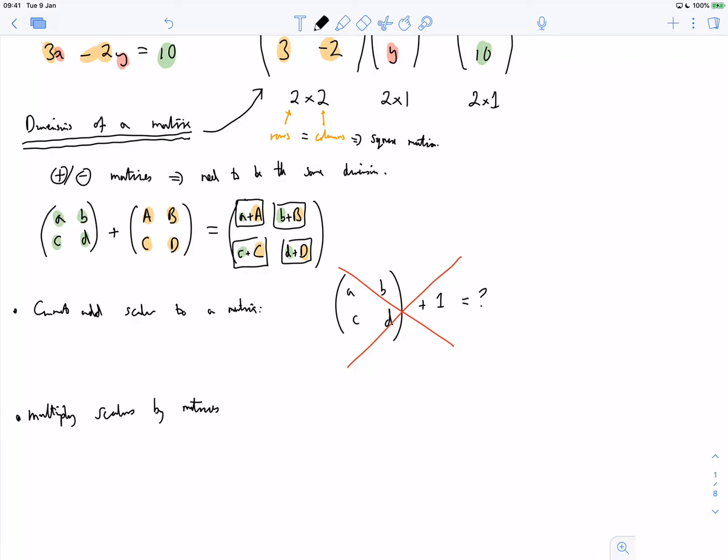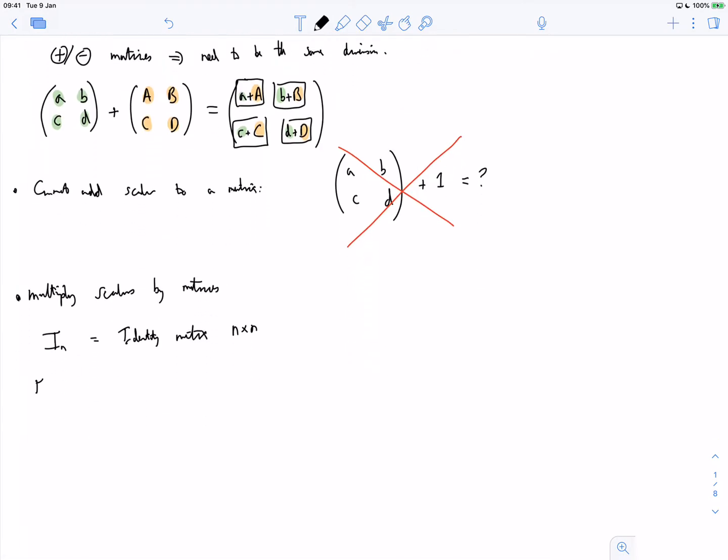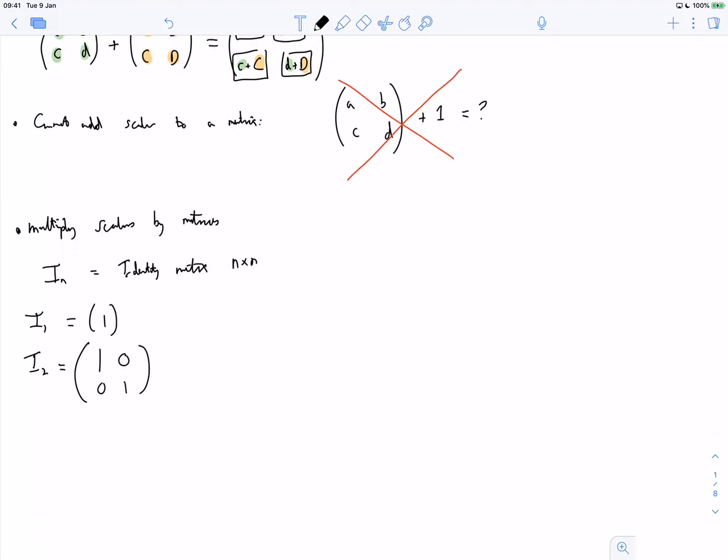First of all, let's introduce this idea called I_n, which is the identity matrix. That's n by n. So let's talk about it. I1 would just be a 1 by 1 matrix, which is just a 1. I2 would be a 2 by 2 matrix, which is a 1, 1, and then zeros everywhere else.